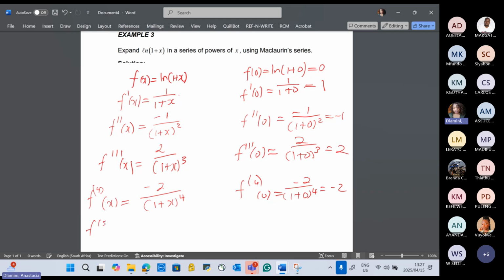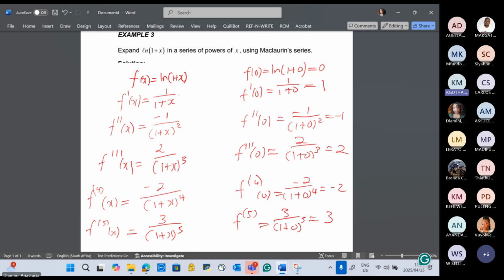And then the fifth derivative, 3 over 1 plus x to the 5. I'm writing what you guys are telling me. So if it's wrong, you have to double check because we are in a discussion class. Are we all okay up to that point, guys? Hello? Yes, ma'am. Yes, ma'am.